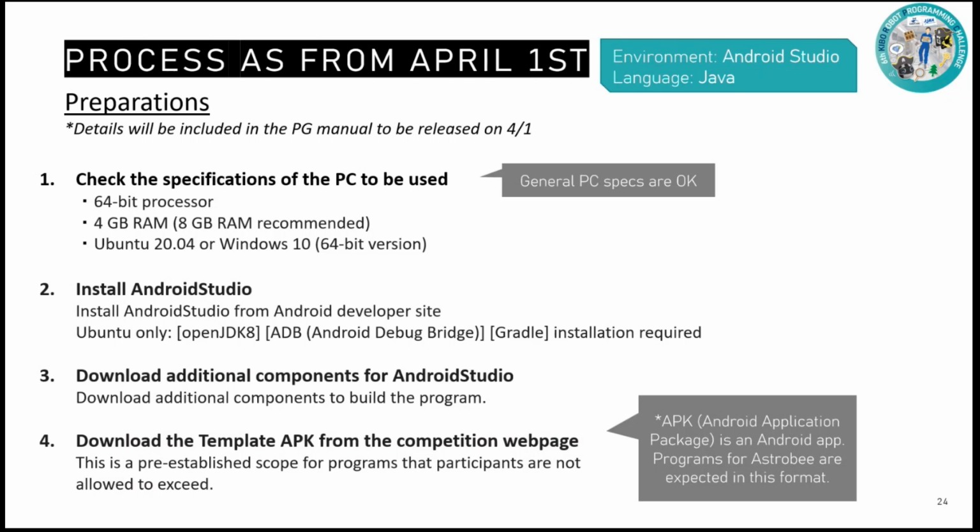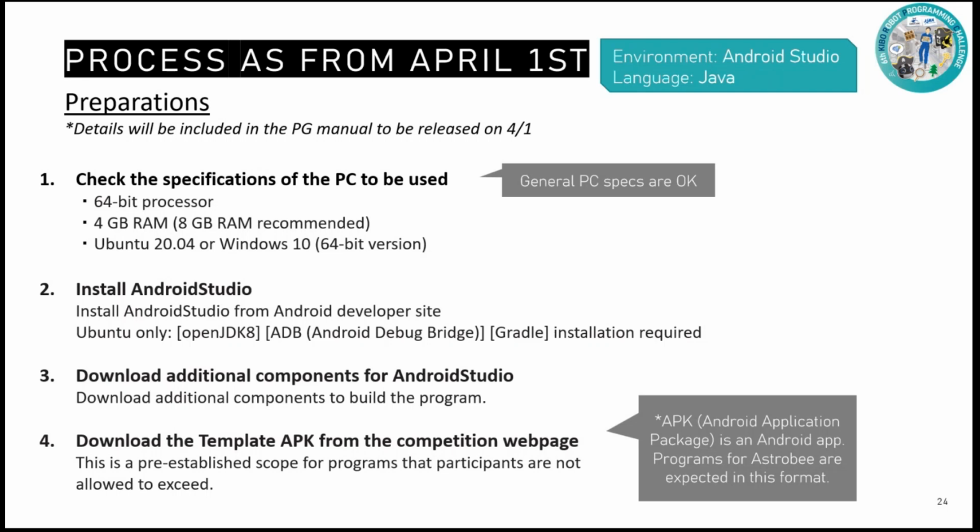So first, to set up your computer, you have to check your PC specification. A typical PC specification should be good enough for the simulation in the web environment. Once you have confirmed the specification, you have to install Android Studio.